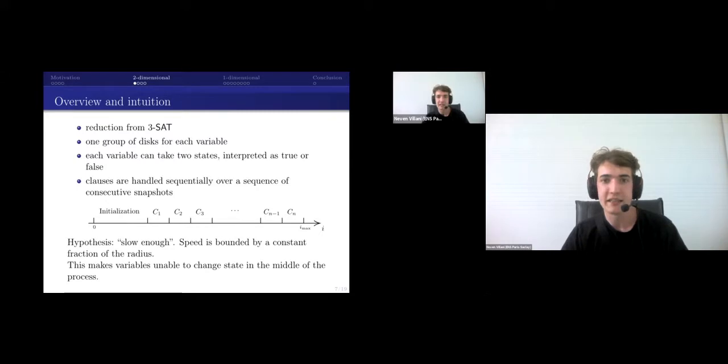This will guarantee that once a variable has taken one of these two possible states, it will be unable to switch over to the other configuration. And so we will handle clauses sequentially over a period of a few snapshots. And this will guarantee that variables keep the same valuation over the whole lifetime of the graph.